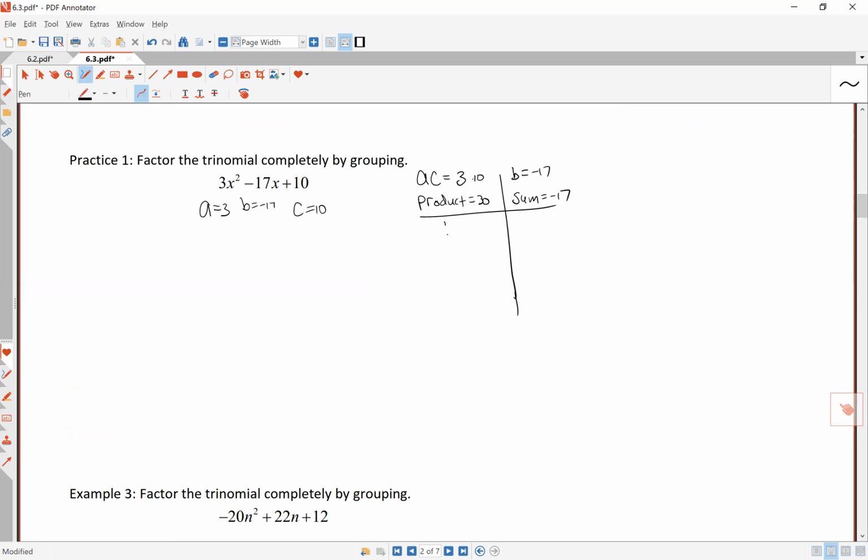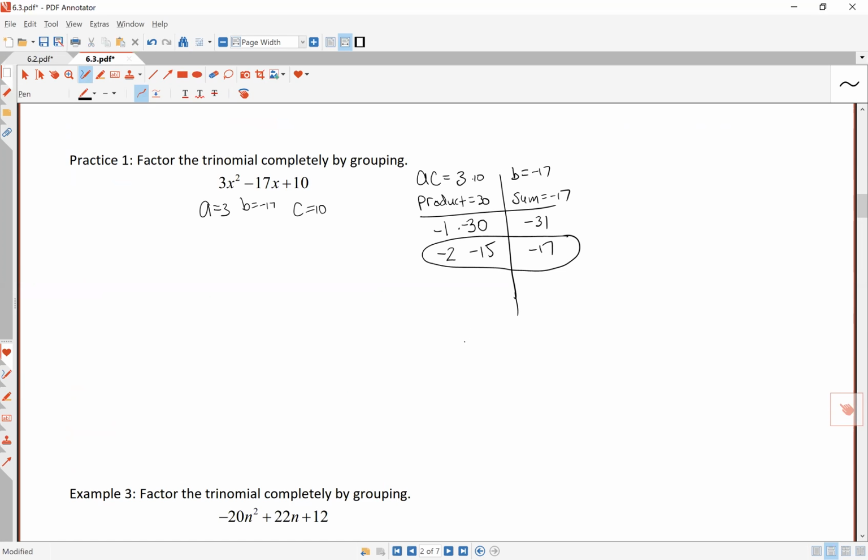We can use 1 and 30. But since we want the numbers to add up to a negative number, the positive product means we need two negatives, and those add to negative 31. Negative 2 and negative 15 multiply to 30, and they add up to negative 17. We've found our pair of numbers.